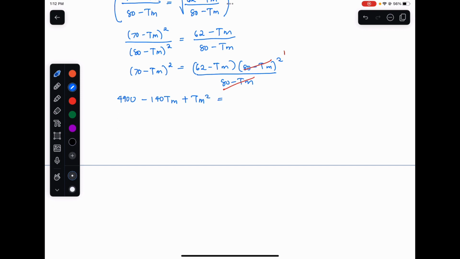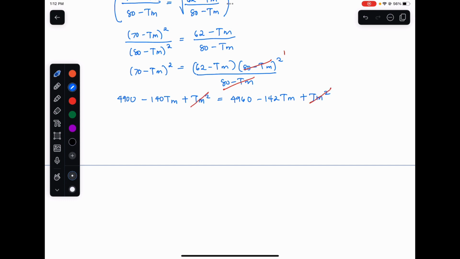And for the right hand side, we multiply using the FOIL method: 62 times 80 is 4,960, and negative 80 tm and negative 62 tm. So negative 80 minus 62 is negative 142 t sub m, and then plus t sub m squared. Adding tm squared on both sides, this would cancel out.